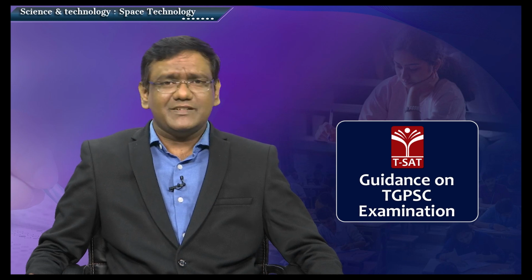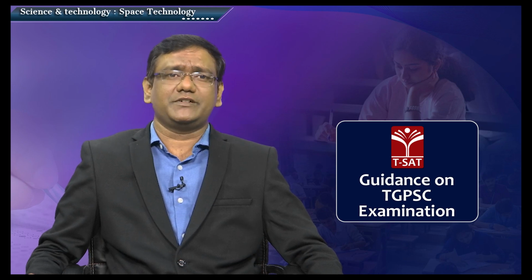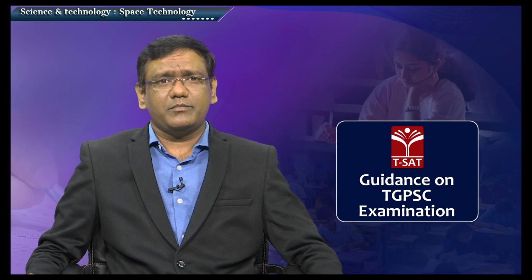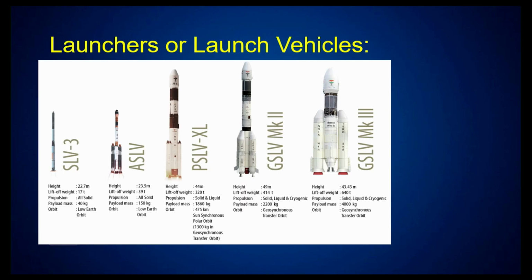In this class, we have to talk about the launch vehicles of India. We have different types of launch vehicles. You can see here we have SLV3, ASLV, PSLV, and then GSLV Mk2 and Mk3.